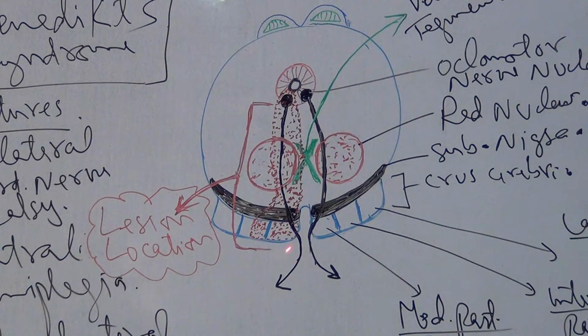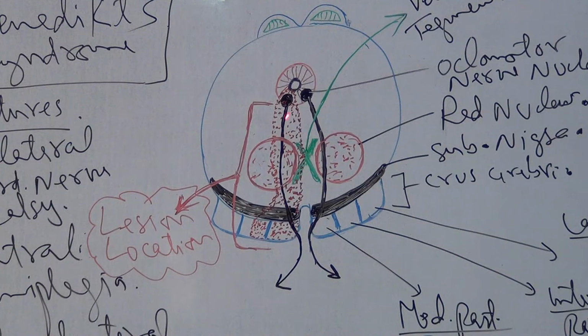That is the medial part of the crus cerebri, the adjoining portion of the intermediate part of the crus cerebri, the medial most part of the substantia nigra, the nerve fibers of the oculomotor nerve, the medial part of the red nucleus, along with the ventral tegmental decussation and nucleus of the oculomotor nerve.